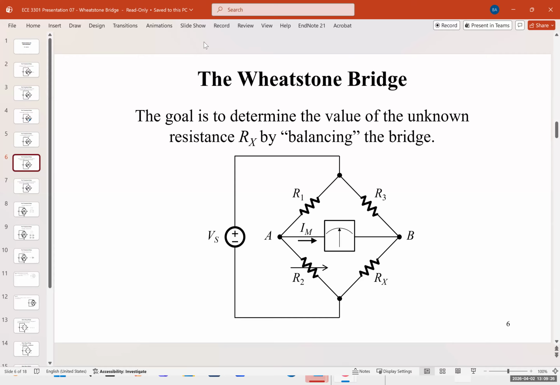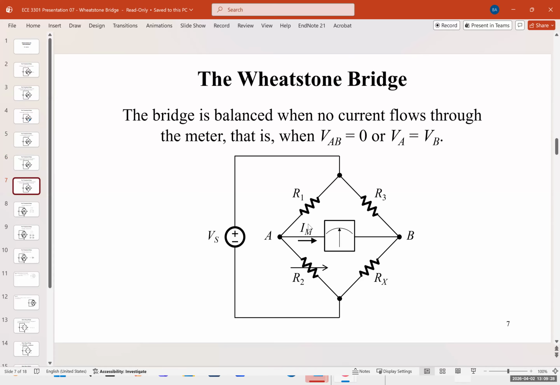Balancing the bridge means that the current passing through the middle branch would be 0, so IM is 0. And because IM is 0, VAB is also 0. In other words, VA is equal to VB. And this makes our job much, much easier. And I'll explain how.